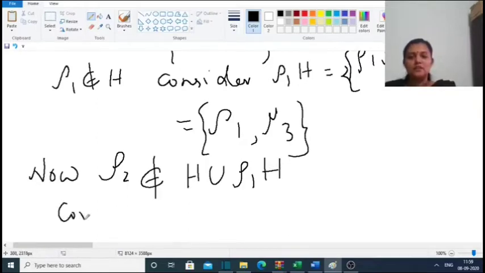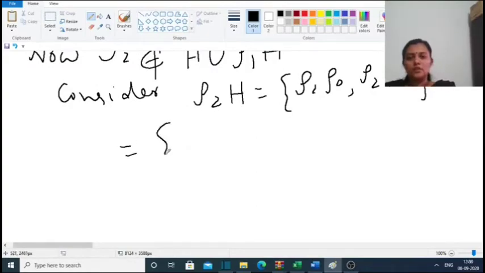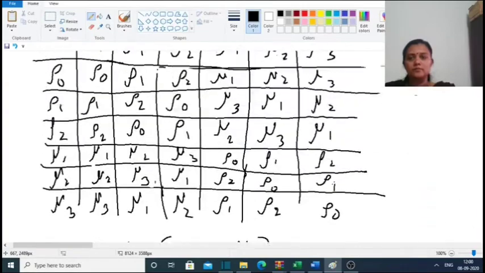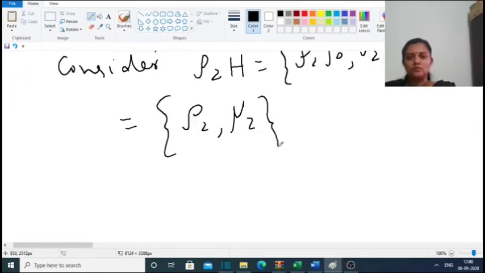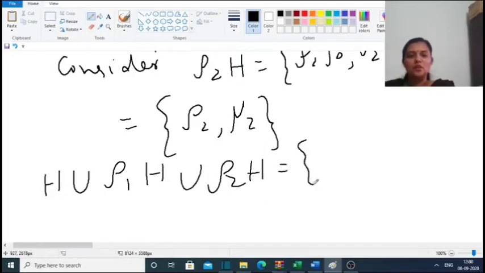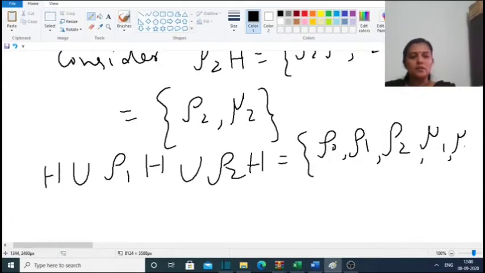So we can consider rho 2 H, which is equal to rho 2 rho 0, rho 2 mu1, which is equal to rho 2 and rho 2 mu1 is equal to mu2. So we got rho 2 H, and H union rho 1 H union rho 2 H is equal to rho 0, rho 1, rho 2 and mu1, mu2, mu3, which is equal to S3.